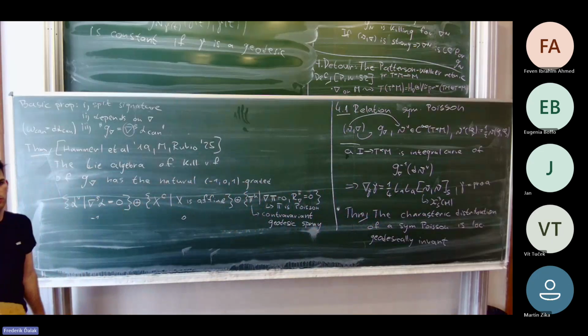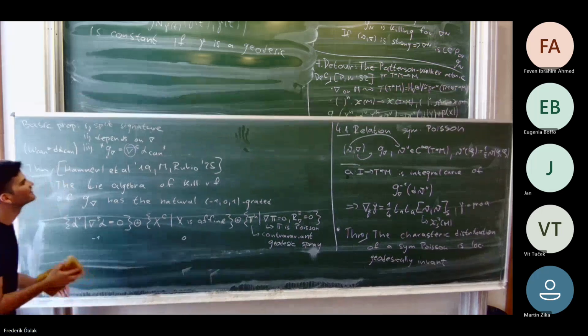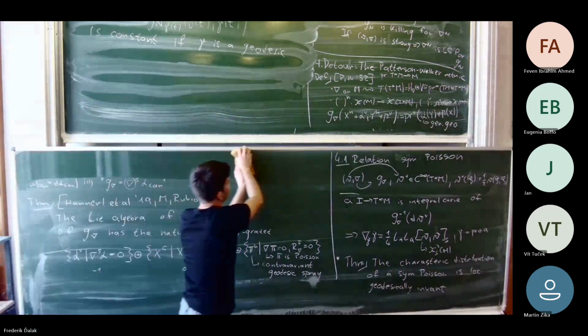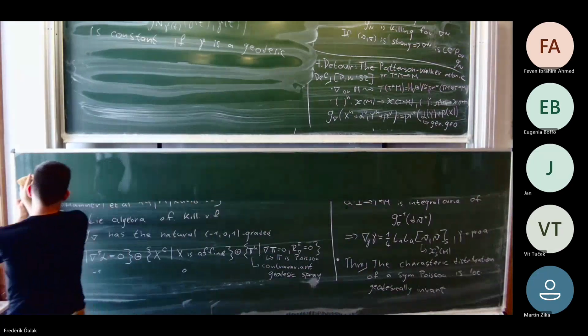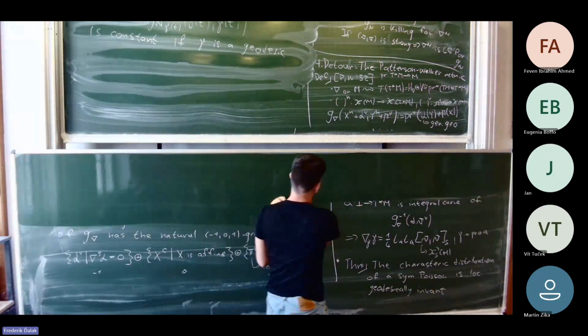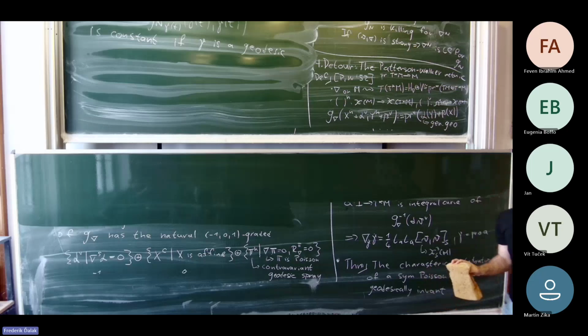It's a contraction, iota. So the point is, it's an integral curve of the distribution given by the Poisson structure. Then the gammas are something like half-geodesics.